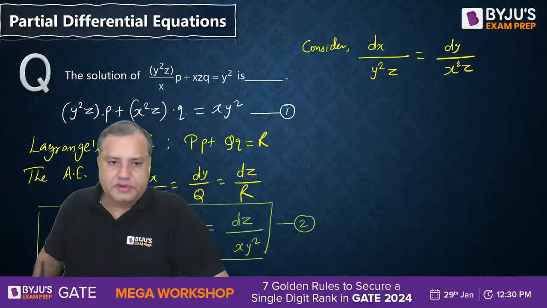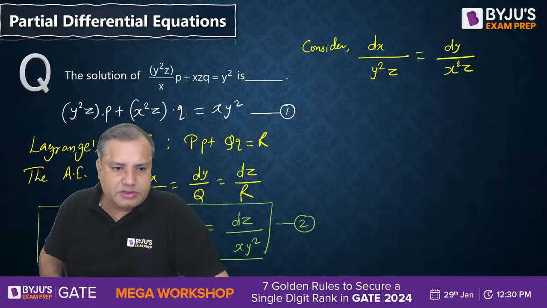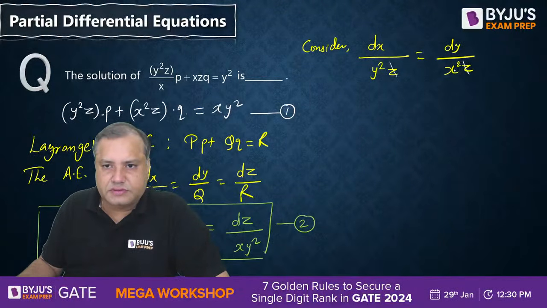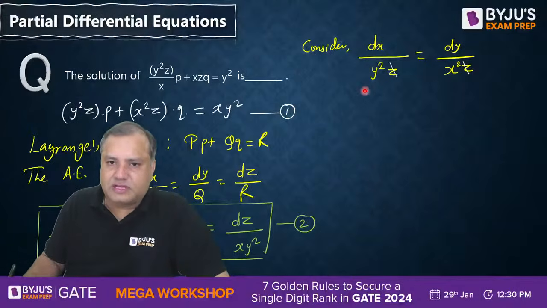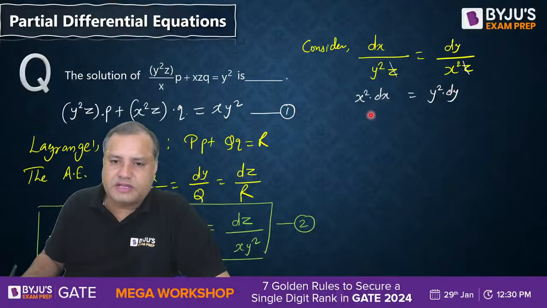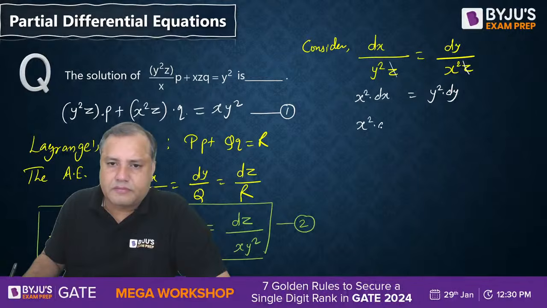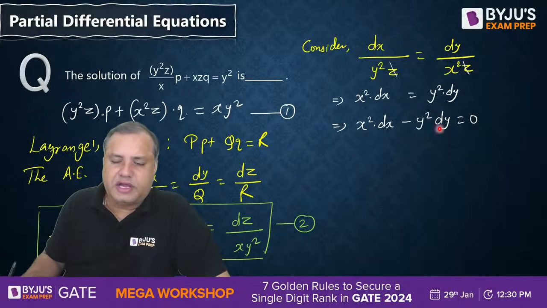Now see here, we can strike out this z both sides. Separate the variables. X square dx equal to y square dy. X square dx minus y square dy equal to 0. Integrate both sides.